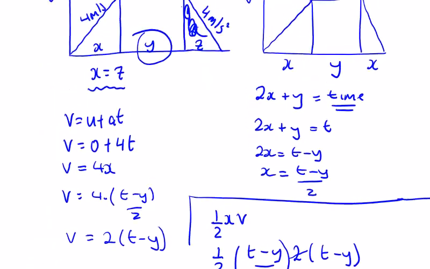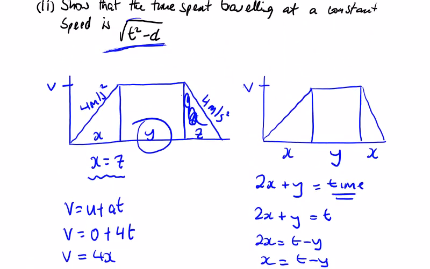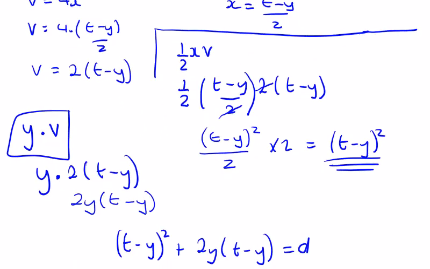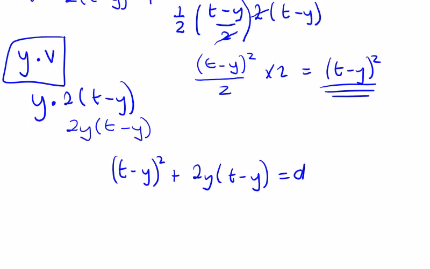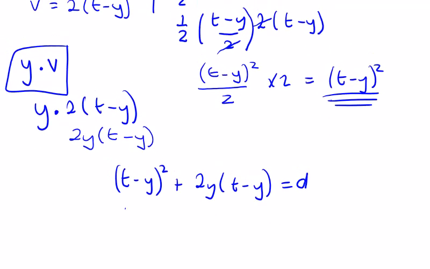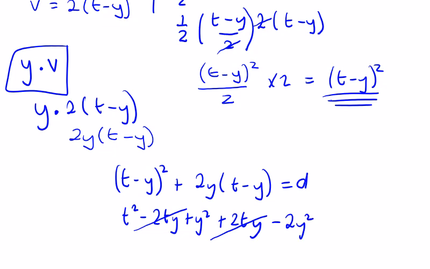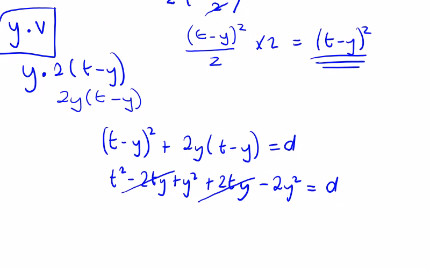And we're looking for y in terms of t and d. So we have y, t, and d now. So let's have a look: t squared minus 2ty plus y squared plus 2ty, excellent, we got some cancellations going on, minus 2y squared is equal to d.